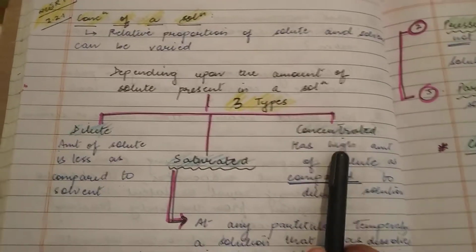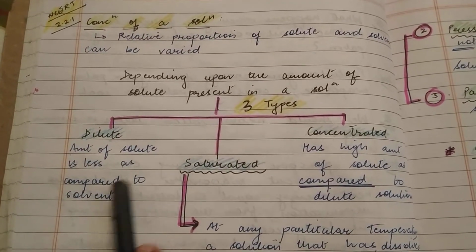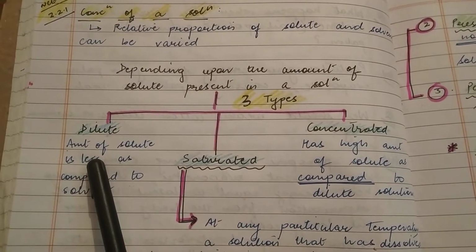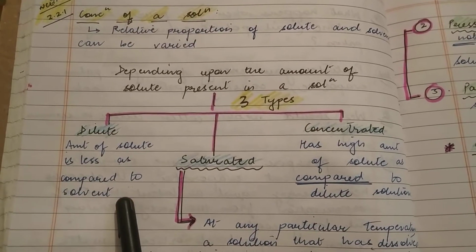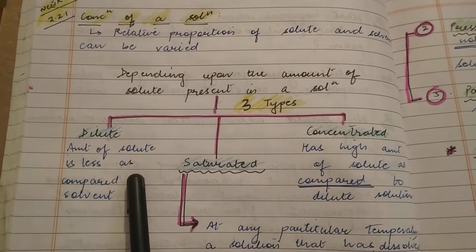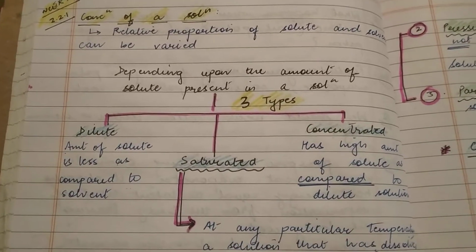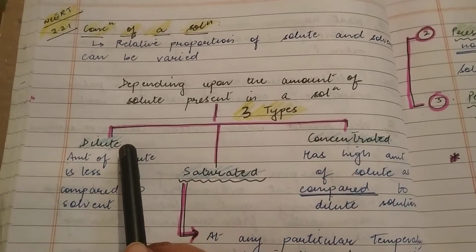Relative terms means we talk about dilute and concentrated solutions with reference to each other. A dilute solution is a solution in which the amount of solute is less as compared to the solvent. So it has a lesser amount of solute, more amount of solvent, and when the amount of solute is much less as compared to the solvent, it is known as the dilute solution.